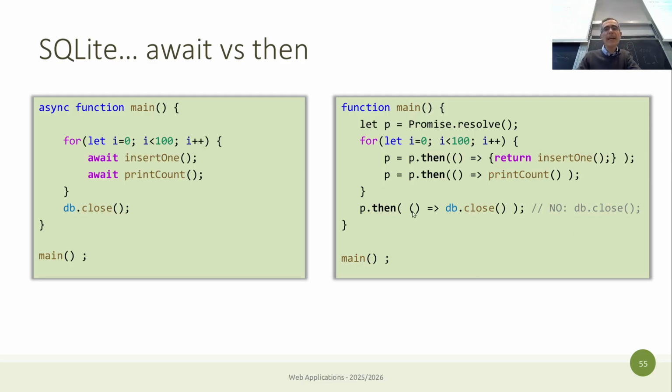So p then, and p is basically a variable that, when you loop inside this cycle, always contains the last promise that has been created by the then. And so to the last promise, you attach the db close and it's fine. If you put db close without the p then, you close the database before some queries are executed, so some queries will give you an error because the database is already closed.